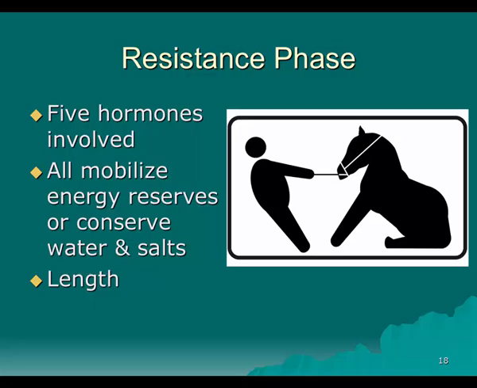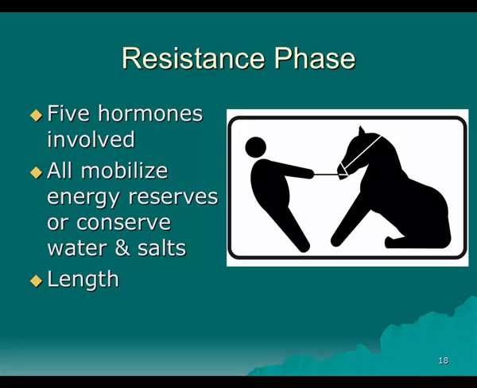So depending on lipid reserves and what you have available, the resistance phase can last weeks to months, but it's not going to last forever. It can also lead to weight gain if all those extra energy reserves aren't burned. So if you're not exercising while you're stressed, it's just going to be stored back as fat.